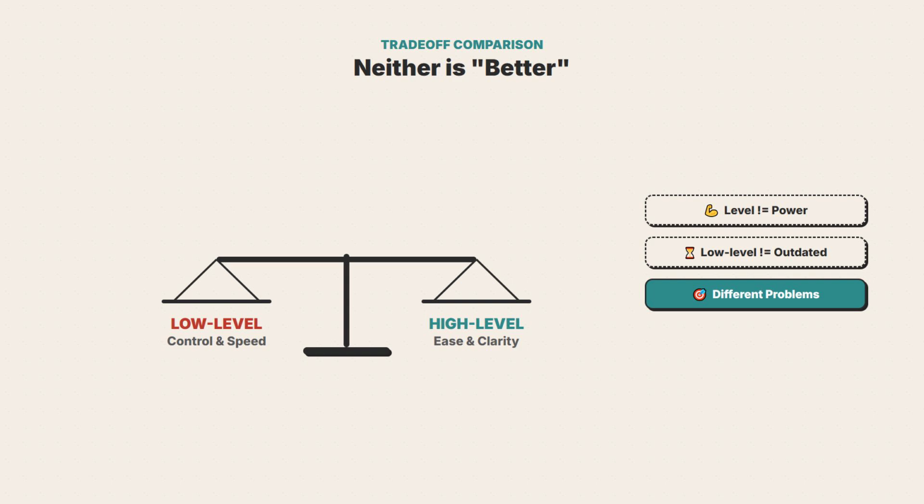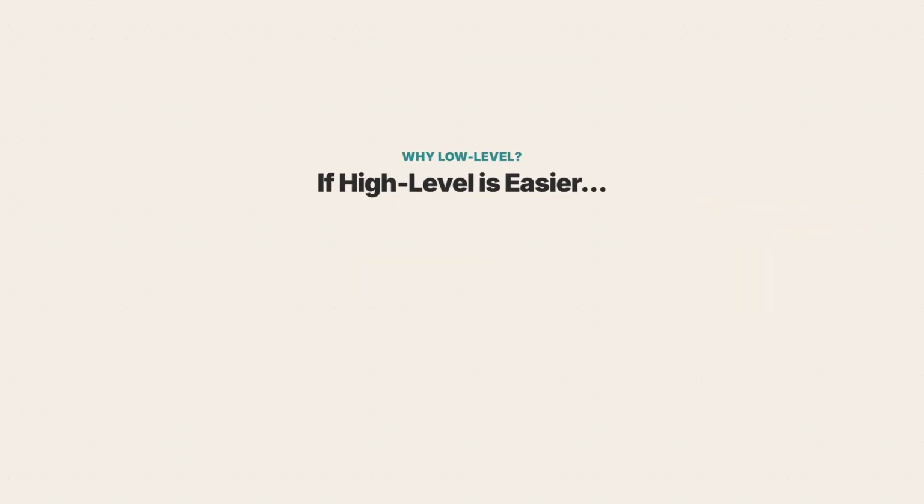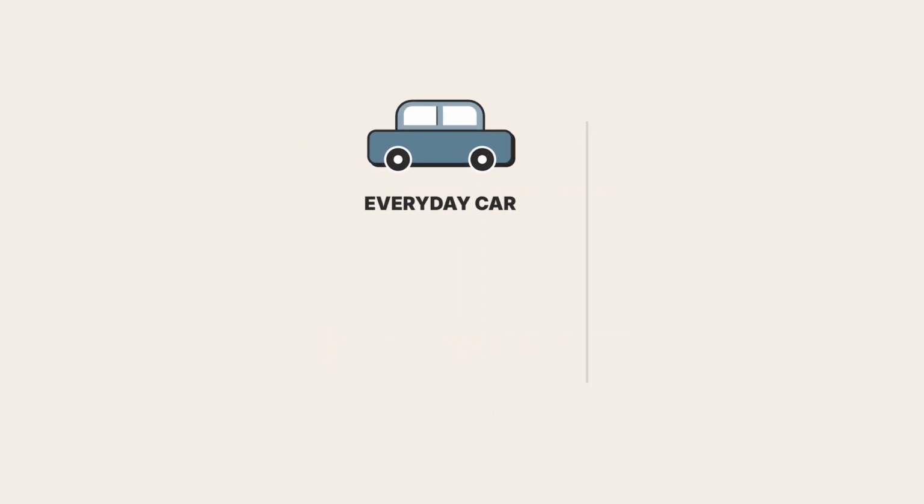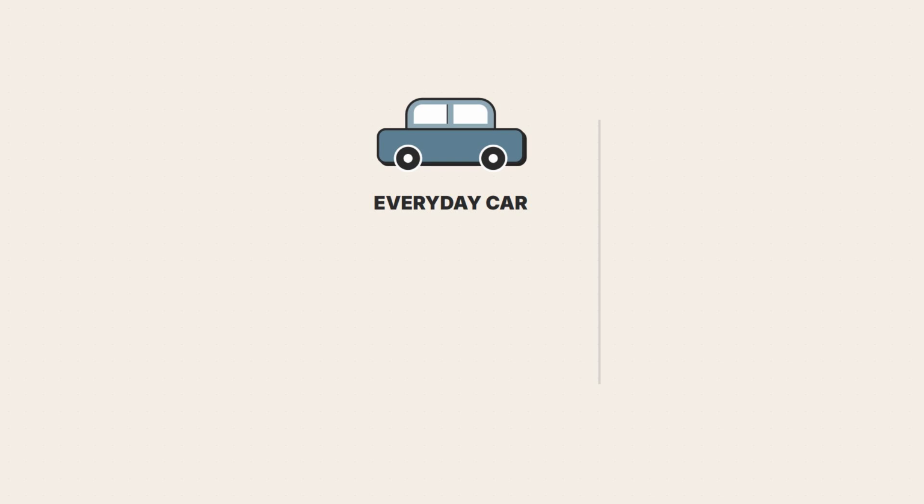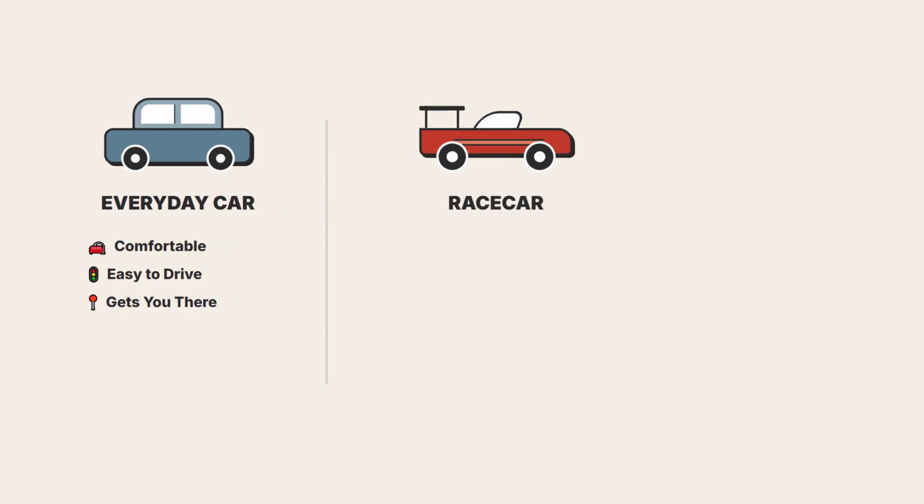Now, you might be wondering, if high-level languages are easier, why does low-level even exist? Think about a race car versus your everyday car. Your everyday car is comfortable, easy to drive, gets you where you need to go. But a race car? It is raw, stripped down, built for one thing only: speed.